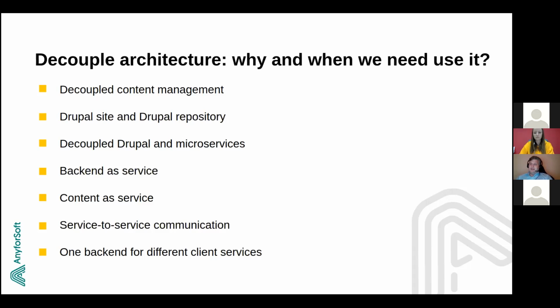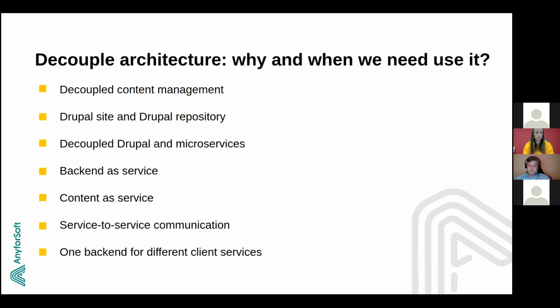Also, if we say decoupled Drupal, we can also talk about microservices architecture, because when we are doing decoupling, we can divide separate components as microservices, and we can use microservices management technology for managing this stuff.